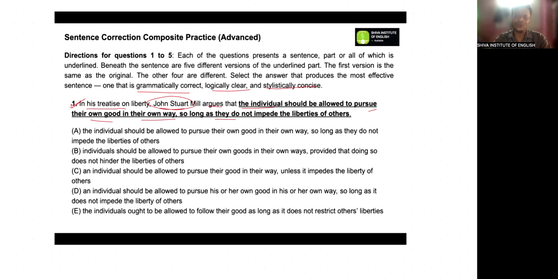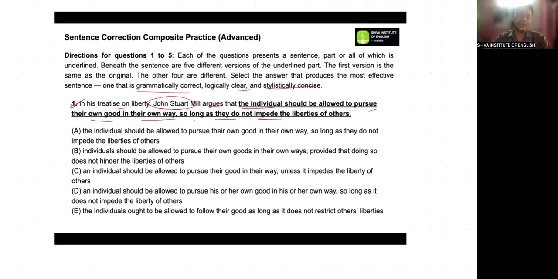They should do it their own way, so long as they do not impede the liberty of others. It means they can do whatever they want as long as they do not hamper the freedom of others, right? That is what the statement tries to tell.